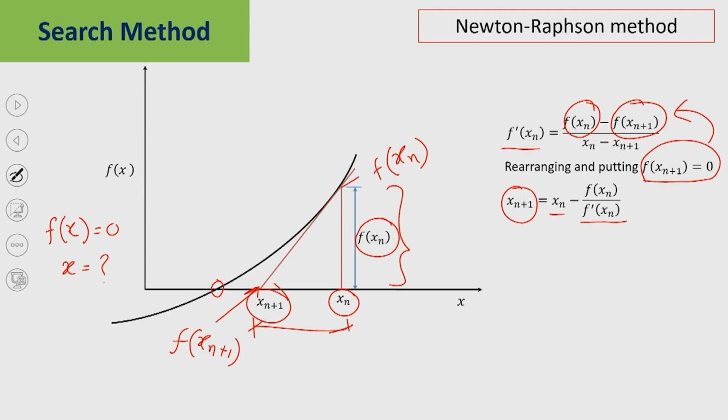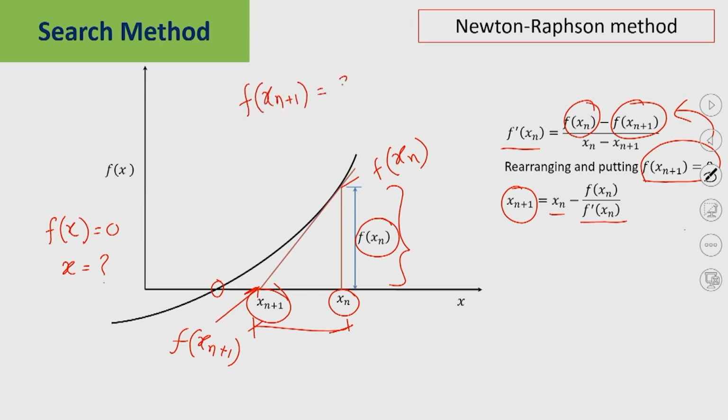But x n plus 1 is not necessarily the root of this particular function. I can check whether f of x n plus 1 is 0 or near 0. If it is not, then x n plus 1 is not the root, so I calculate the next value, x n plus 2.